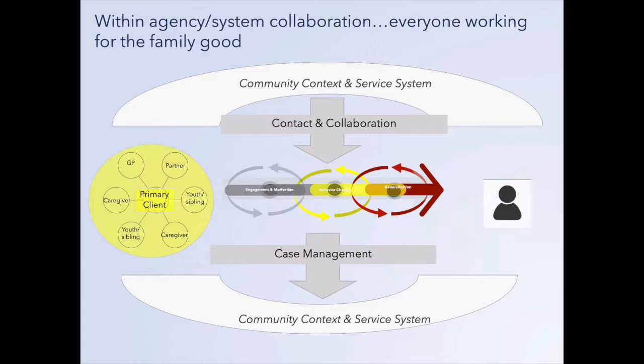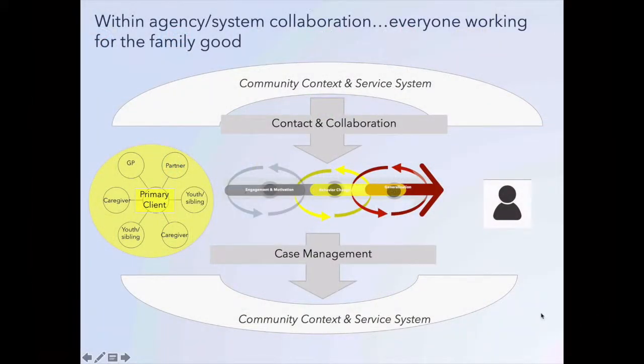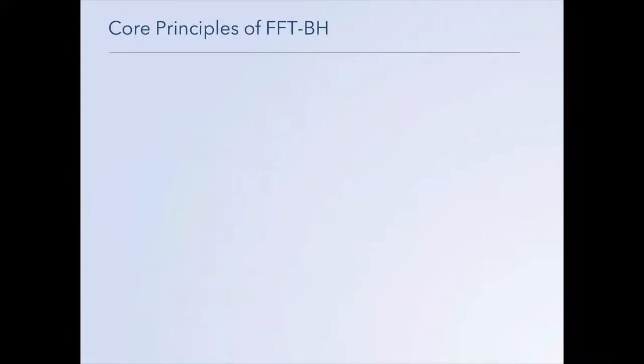So very explicitly in FFT-CCM, we're focusing on being able to organize system collaboration, all for the good of the family. So we have the family and community service providers, and all through FFT, we're going to both contact and collaborate with them, and we're going to provide case management activities to link the family to services that may be useful for them along the way, all to the end product of helping the individual change. So collaboration within the family, within family alliance, and collaboration with the system providers around the family.